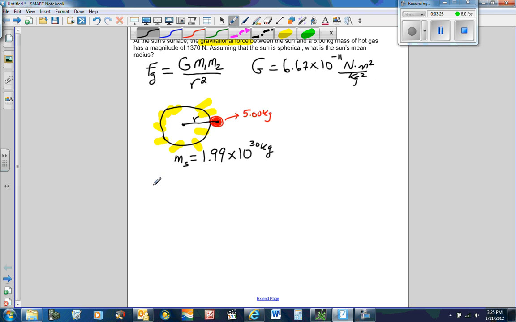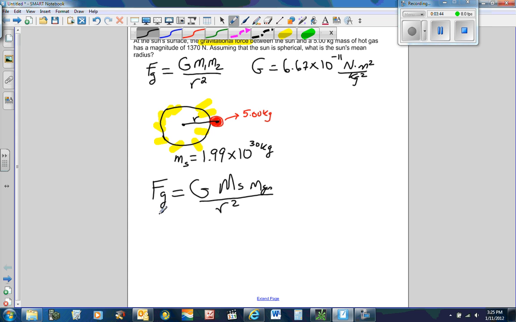So if I just rewrite this so it has the proper letters, it's going to be mass of the sun times mass of the gas cloud, times big G over r squared.